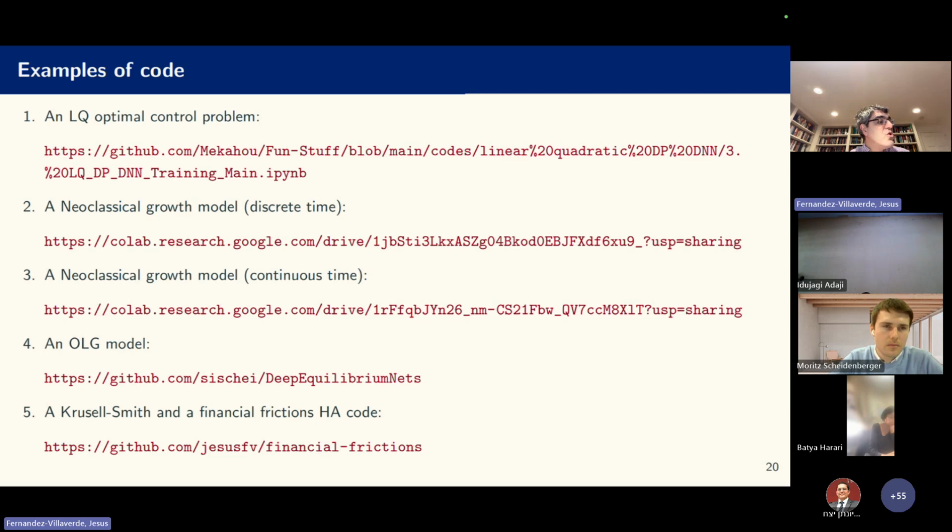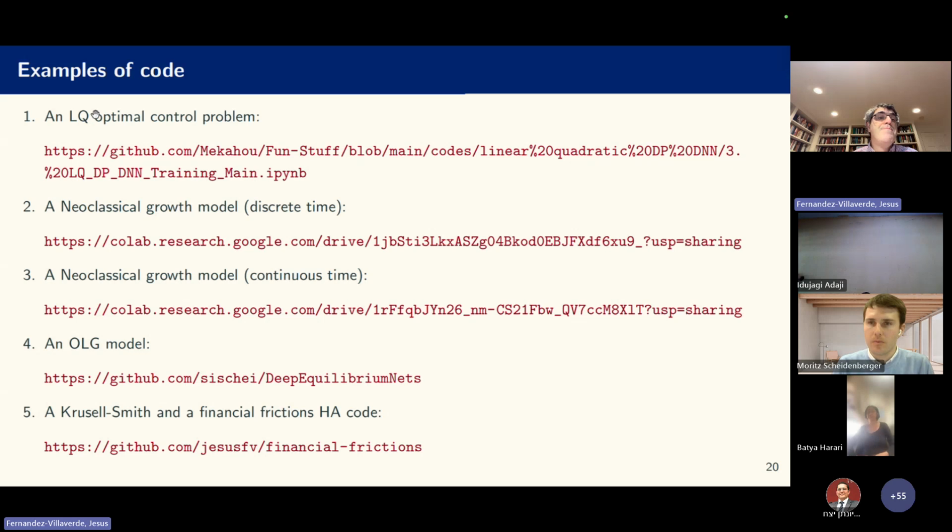Okay, so I want to show you how to do this in real life. And what I have over there is code, so you can actually play. And I will share this slide with Jonathan if he doesn't mind, so you can actually click on these links.